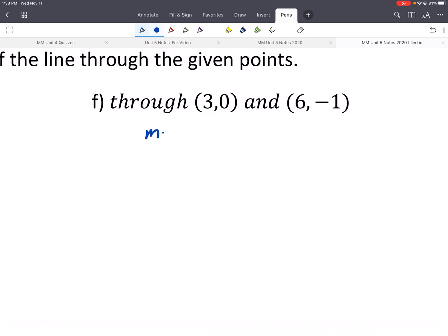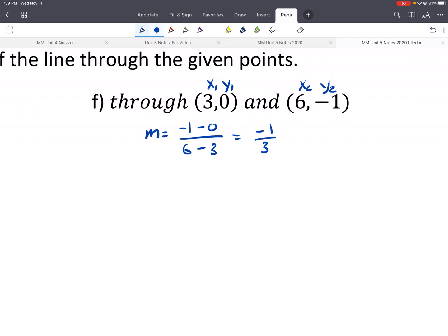So we'd want to find our slope. Again, we would label x1, y1, x2, y2, and then we would do y2 minus y1, so negative 1 minus 0, over x2 minus x1, which would be 3. Okay, and then that would give us negative 1 over 3, so negative 1/3.